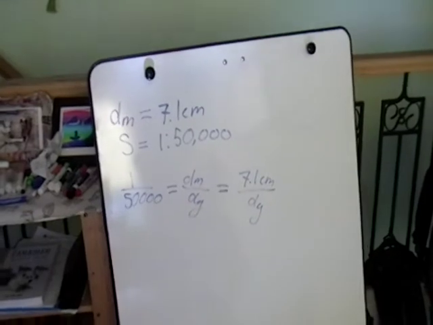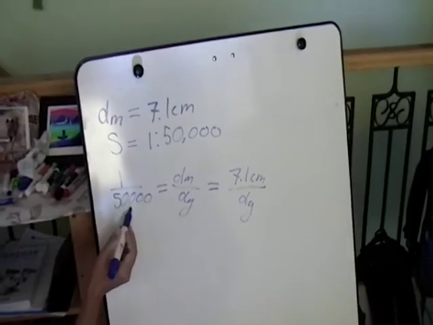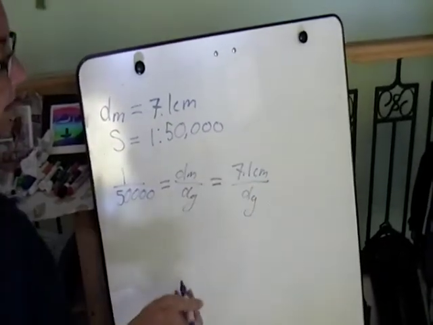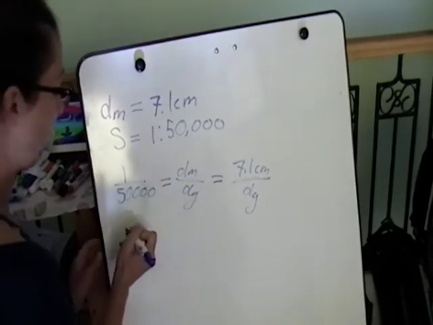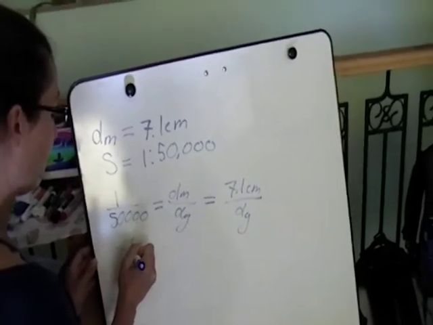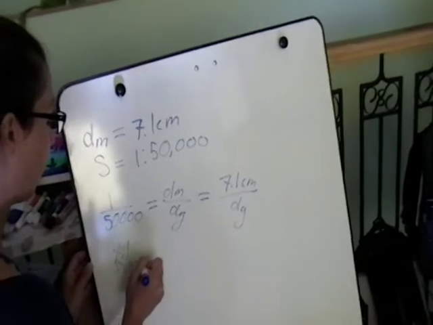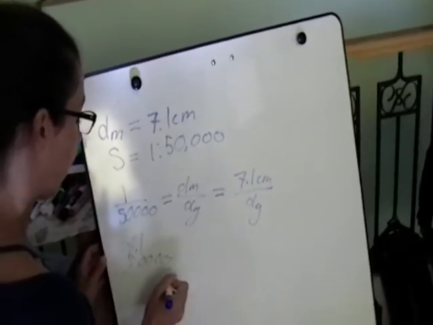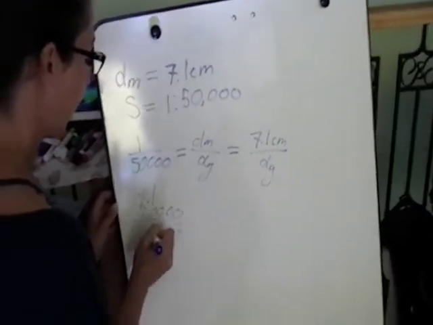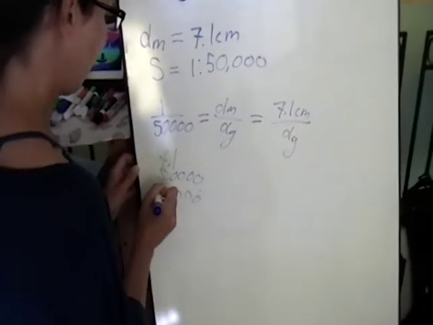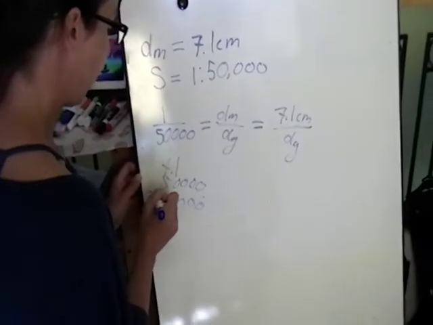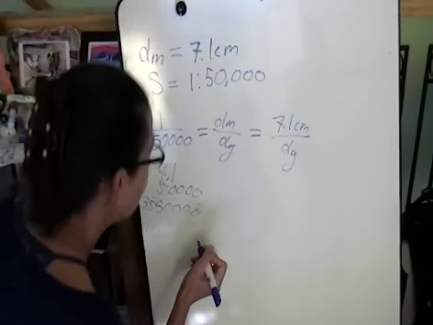So then we can cross multiply and divide. So we go 50,000 times 7.1 centimeters and we divide by 1. So if we go 7.1 times 50,000, the zeros, 5, 35, lose a 0.